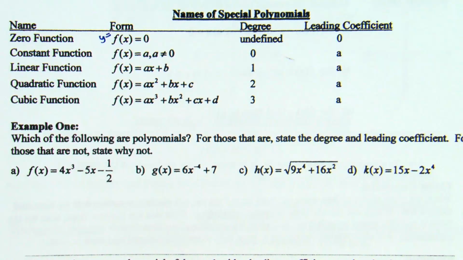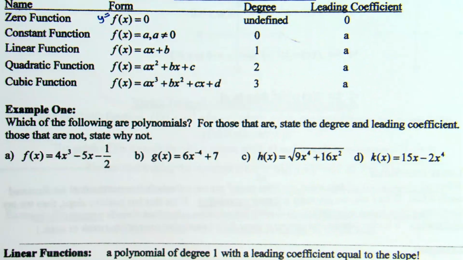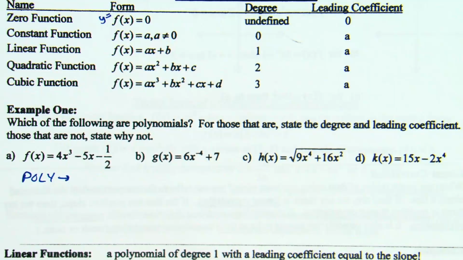So, thoughts on example A. f of x equals 4x cubed minus 5x minus 1/2. So first question, is it a polynomial? Yes or no?